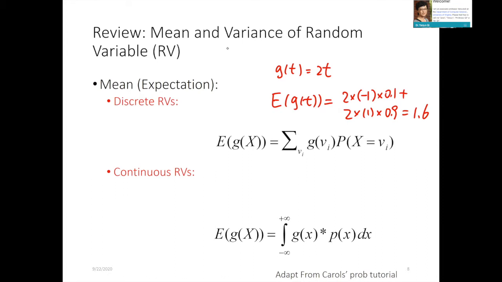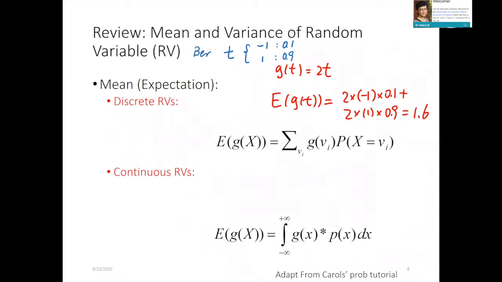For this random variable T, there are two cases, -1 and 1. The probability of -1 is 0.1. The probability of 1 is 0.9. All right, so this is my Bernoulli variable.